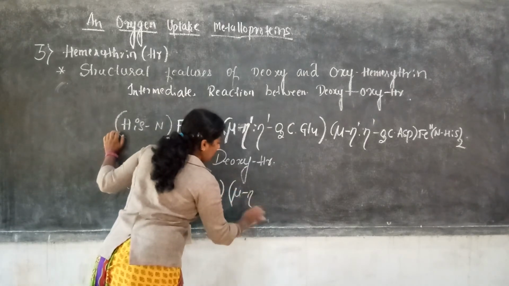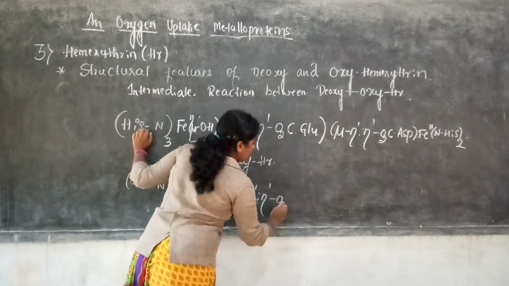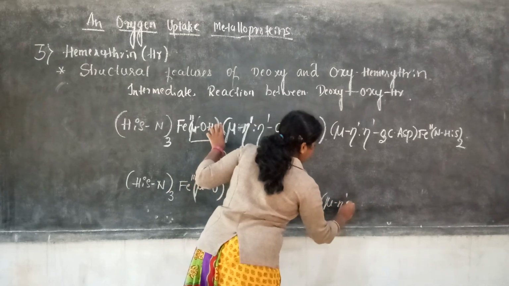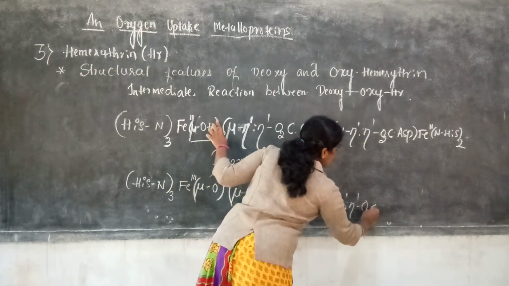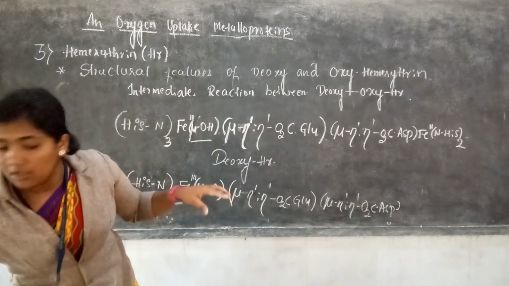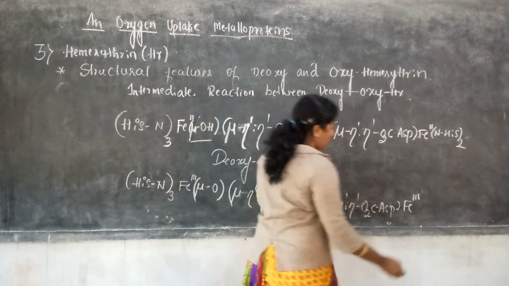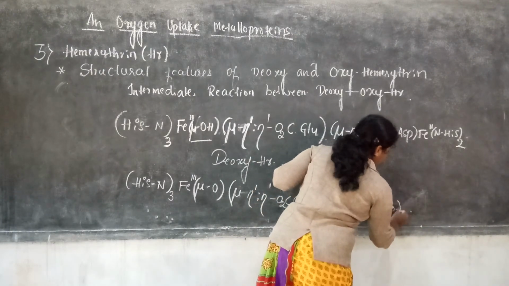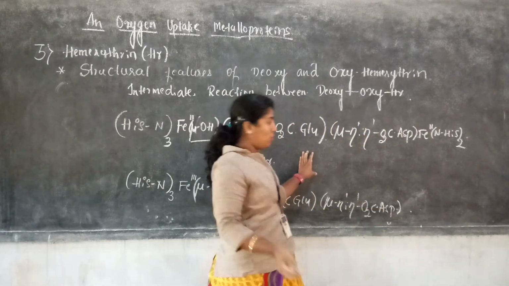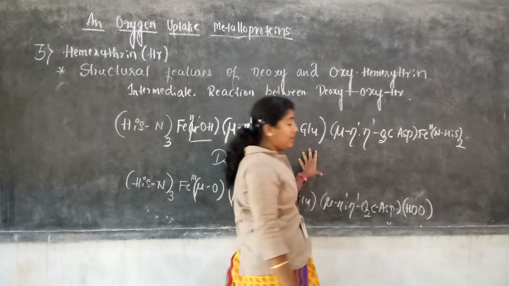Mu-eta1-O2C glutamate, then mu-eta1-O2C aspartate. Here Fe is converted to Fe3. We have one peroxo group, HOO, on the second iron center.